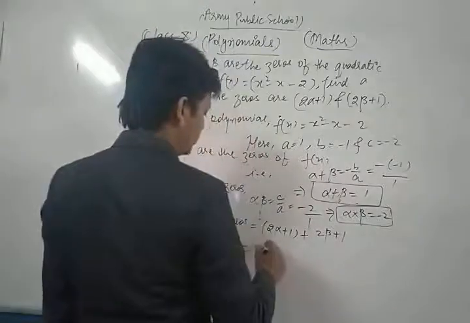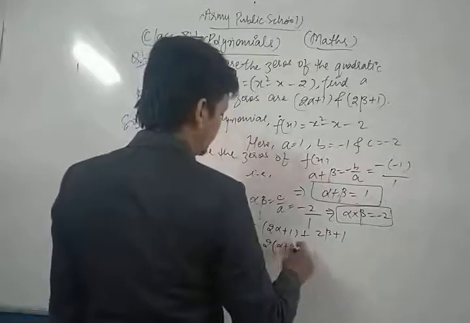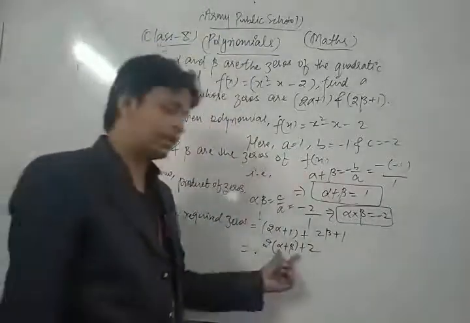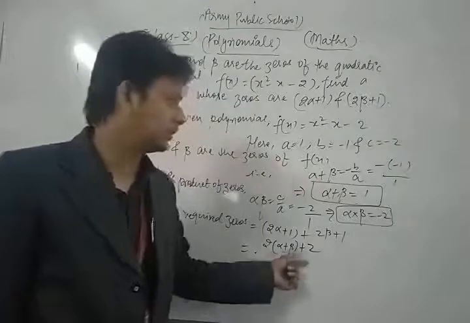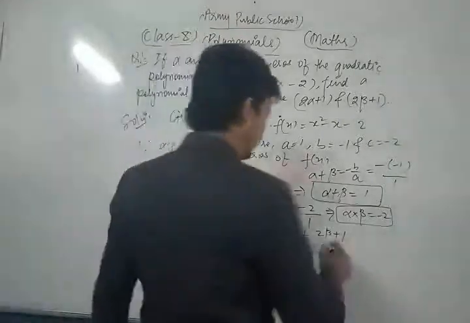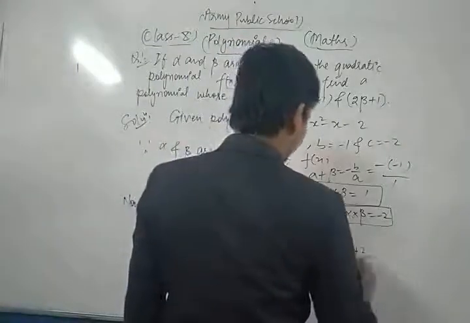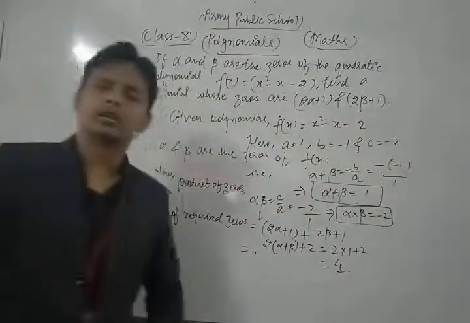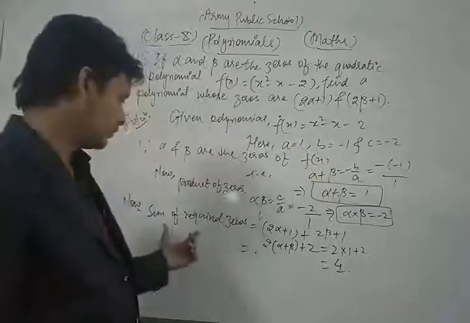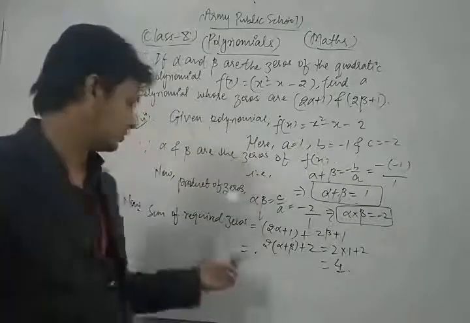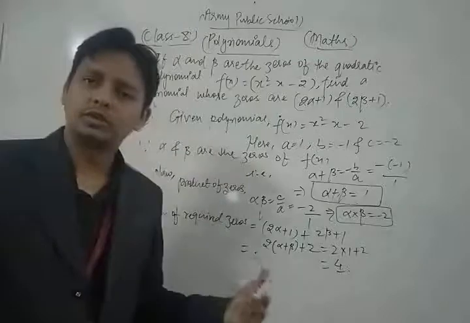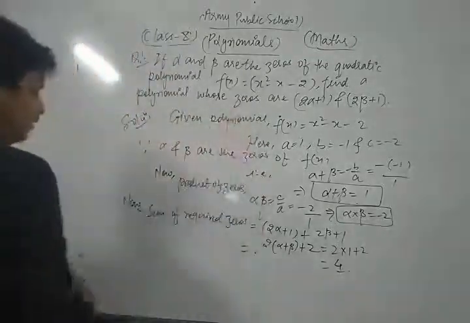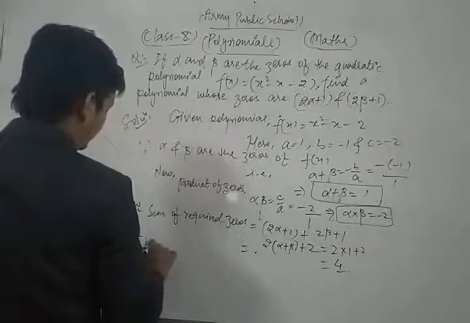Taking 2 common, we can write it as 2 times alpha plus beta, plus 2. We have the value of alpha plus beta as 1, so we write 2 into 1 plus 2, that is 4. In this way we find the sum of zeros of the required polynomial is 4.